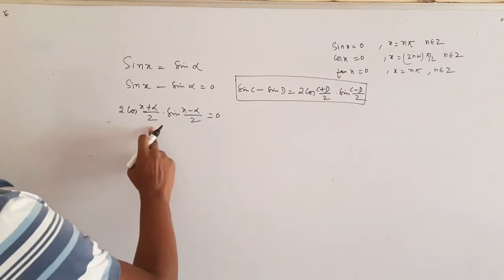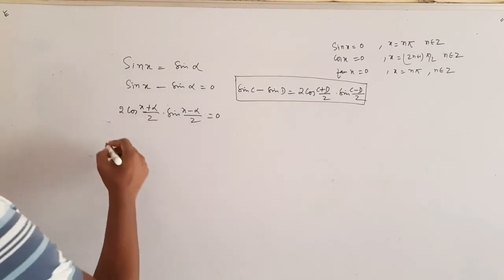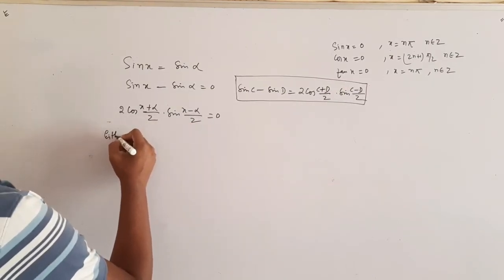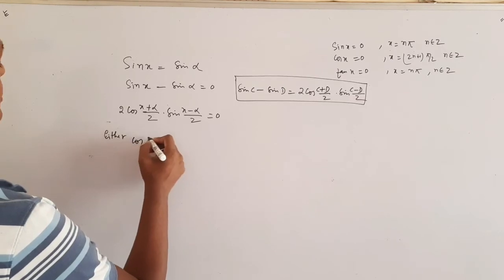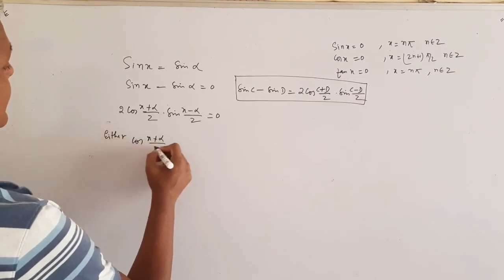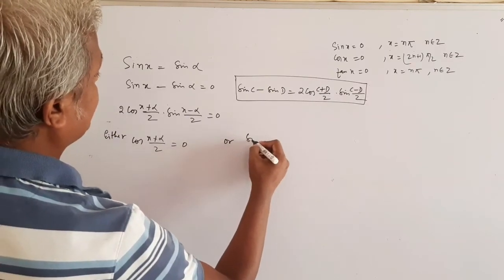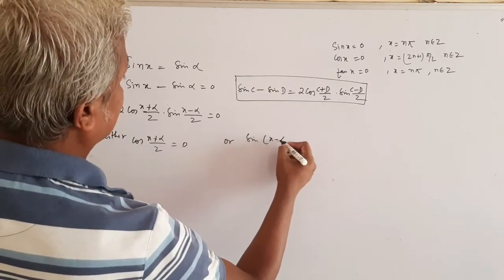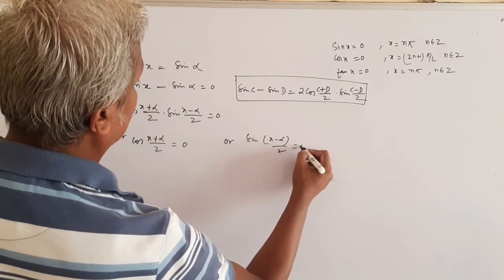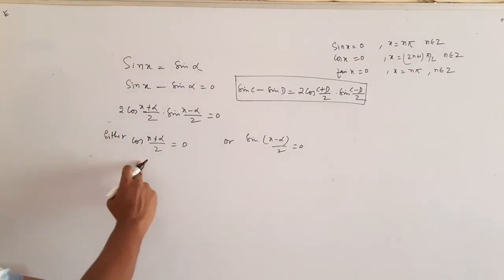Now when the product of the two quantities is zero, it means either cos (x plus alpha by 2) is 0 or sine (x minus alpha by 2) is 0. Now see the condition.